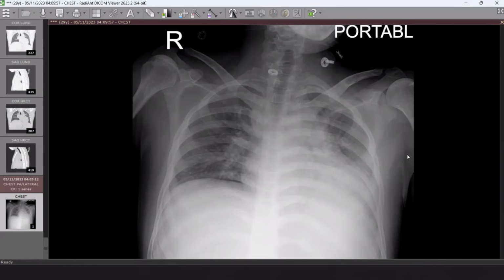What do you think about the density of the bone overall? Is it increased or decreased?